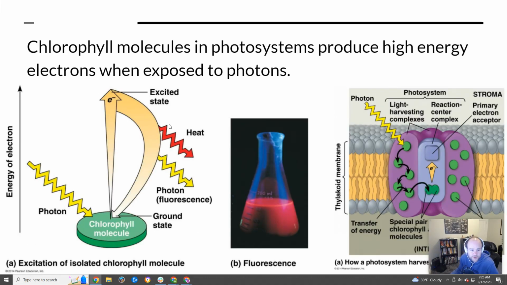So chlorophyll molecules are great at absorbing light, and they're going to allow for the electrons from water to get to an excited state. Those electrons are going to be releasing heat as well as photons of their own, something called fluorescence, where we can see, if we were to distill that, a glow released by these electrons in chlorophyll. And these chlorophyll molecules are located inside structures called photosystems, which are going to absorb that light energy, transfer that energy, and excite those electrons.